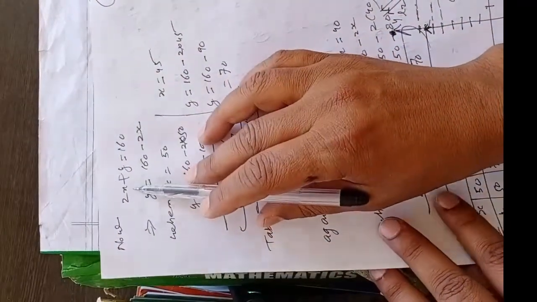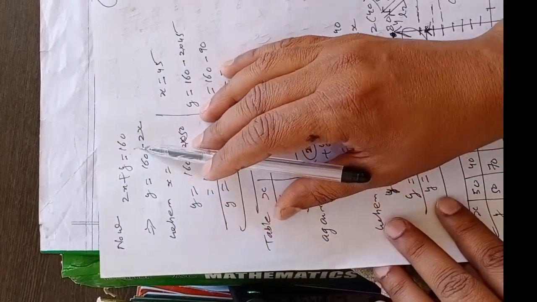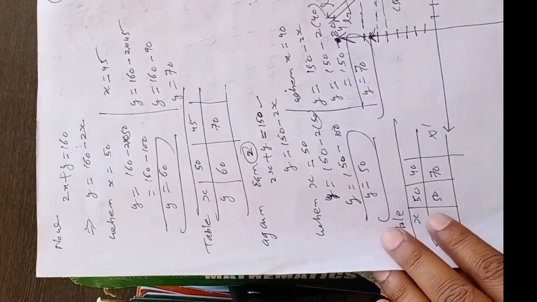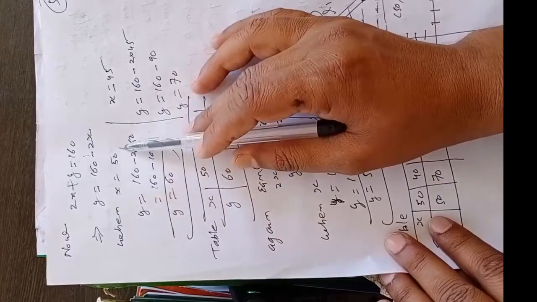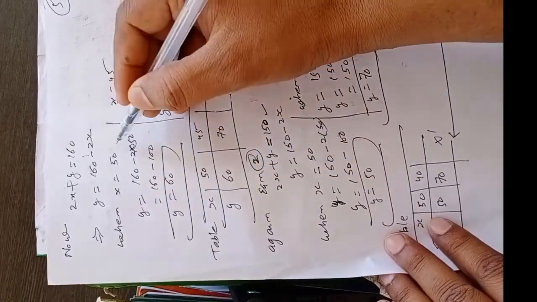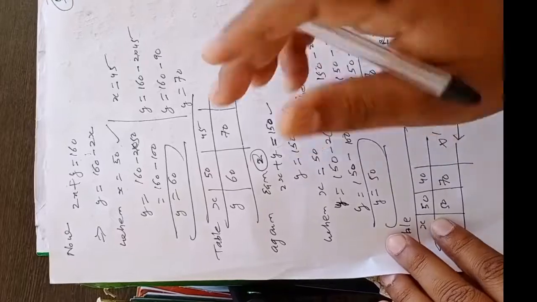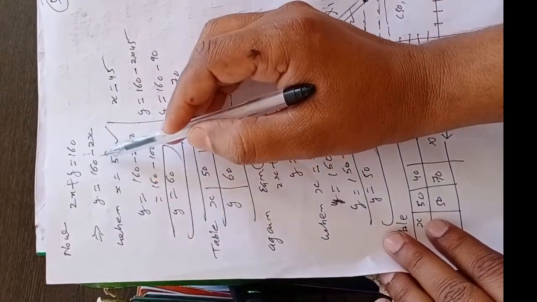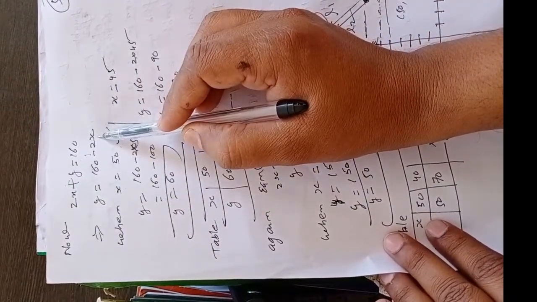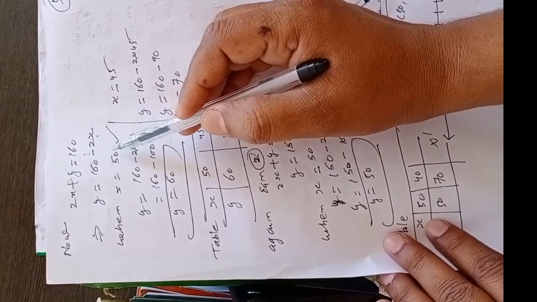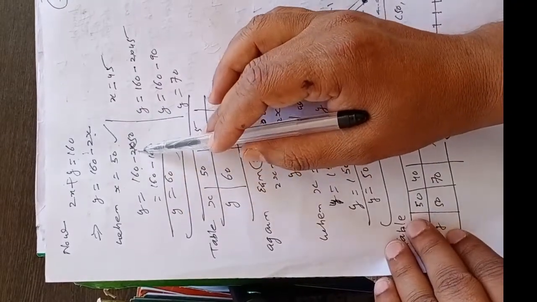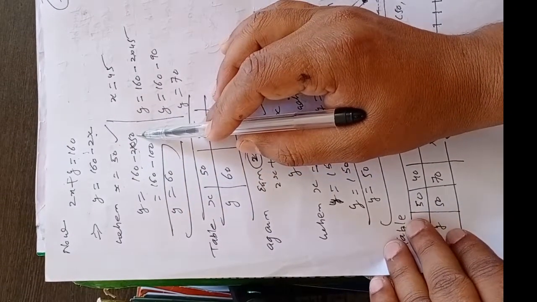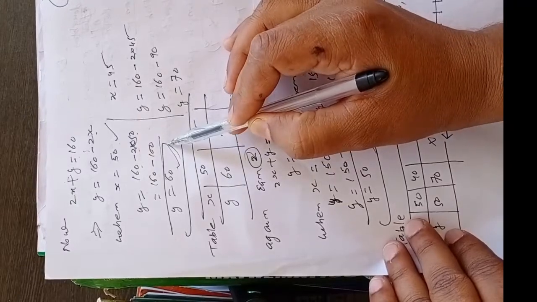We are drawing its graph also. 2x plus y is equal to 160, so y is equal to 160 minus 2x. When we are putting x is equal to 50, you can put any value, but the value should not be too small. If you put 1 here, the value will come very big, so you have to take at least 50, 60, 70. y is equal to 160 minus 2 into 50, so y is equal to 60 will come.